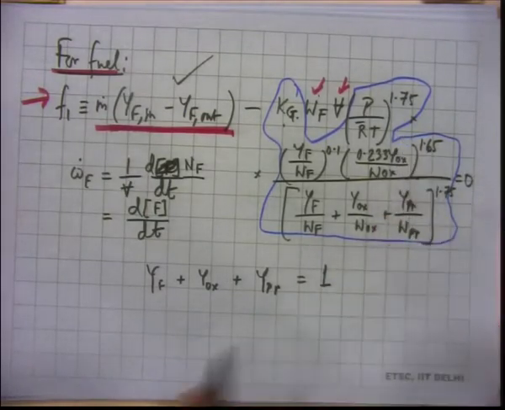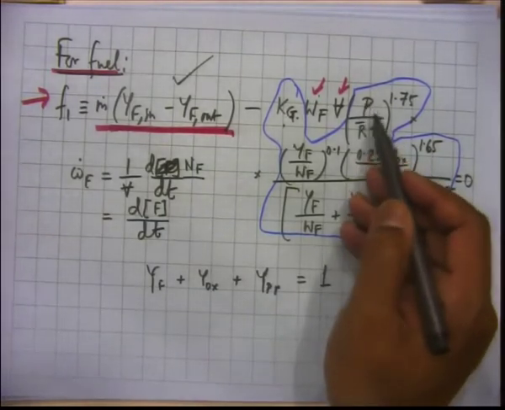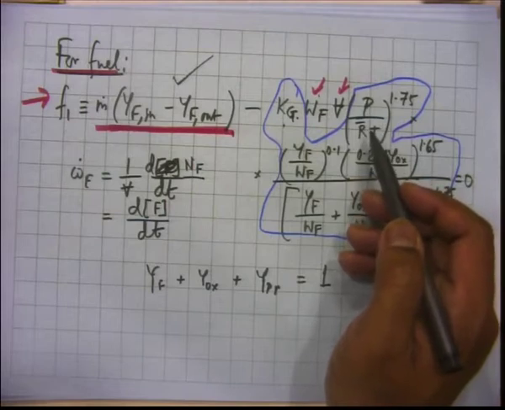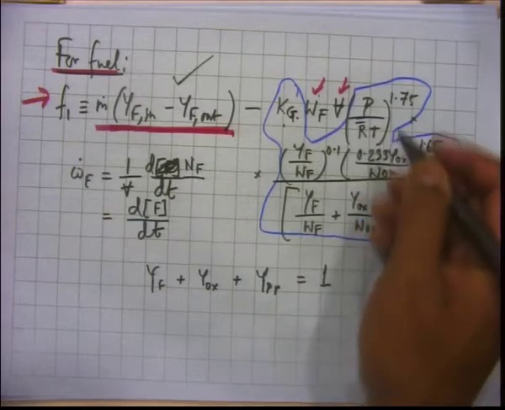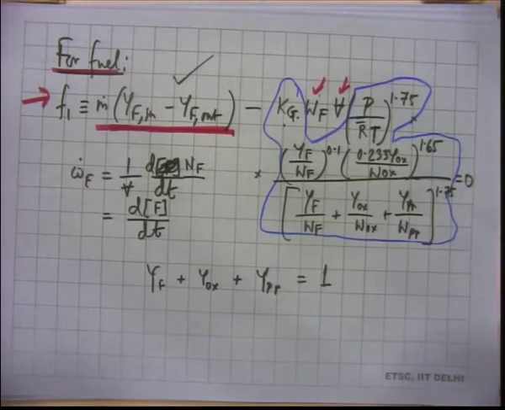Now, the question that you will have in your mind is, how does the pressure by R bar T term come here? That is a valid question. What do you think happened here? Why did the P by R bar T term come?